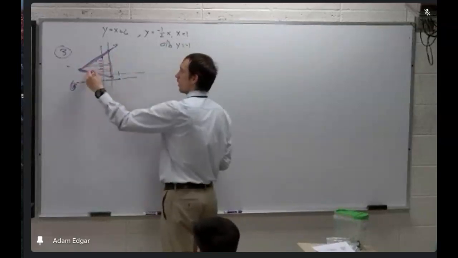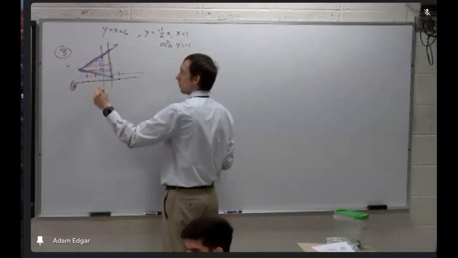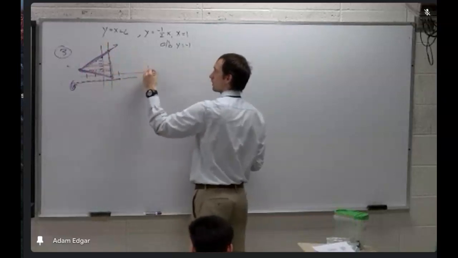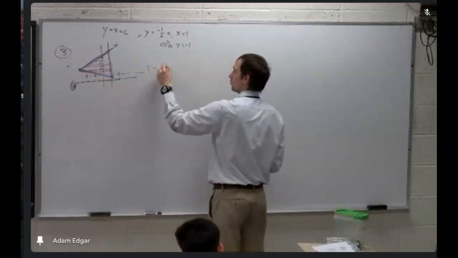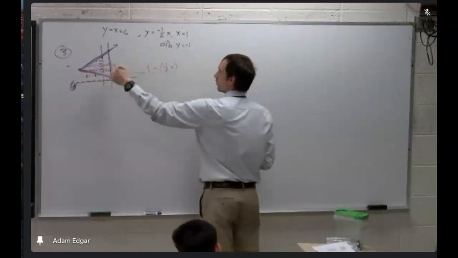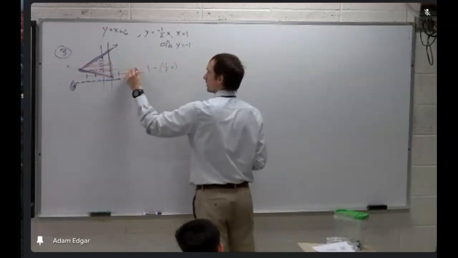So when you're down here in the lower part of this region, right minus left is 1 minus the lower line, so negative 1 half x. So there would have to be 2 intervals. We're up here, so that would be your height in this situation.